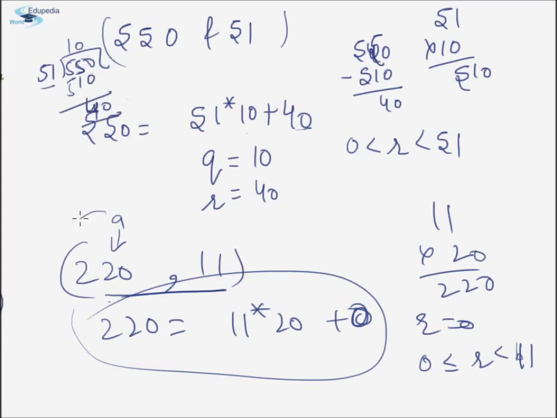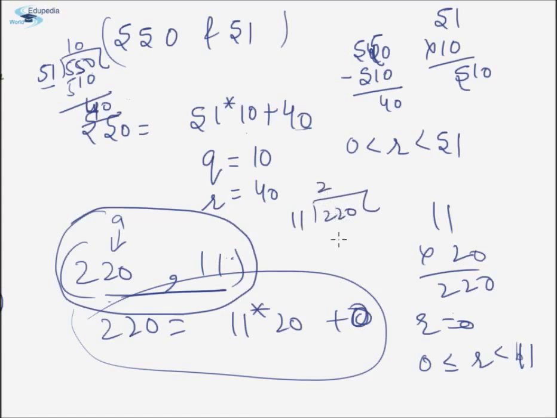If we were to apply the division process that we use generally on this question, then first we will use the second multiple of 11 and on this remainder we will get the value of quotient as 20.